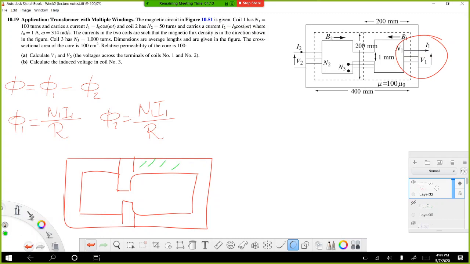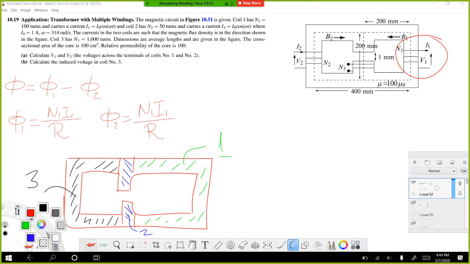This part is part number 1, this is part number 2, this is part number 3, and here we also have an air gap.